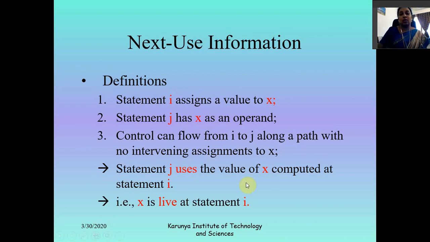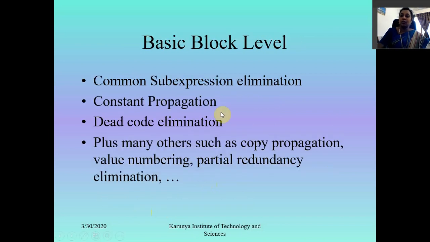But then the value of X is used in statement J. In that case, X is alive at statement I. It has been defined in statement I and it is used further. So that is how you go ahead with the next use information.